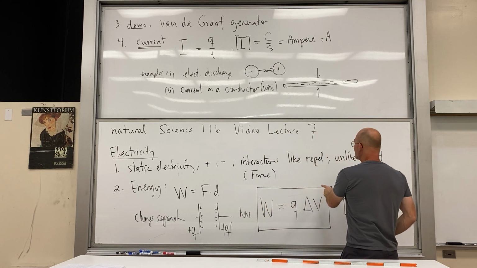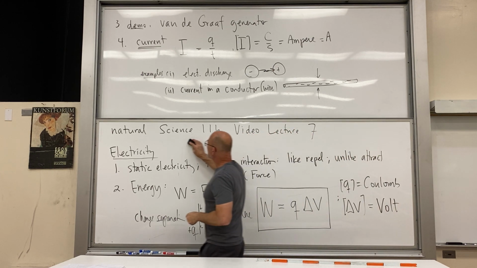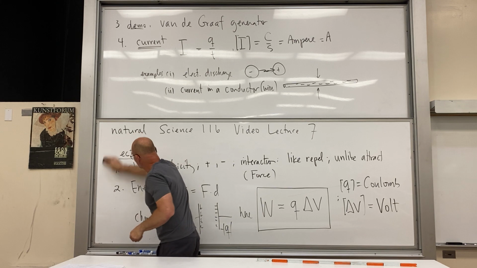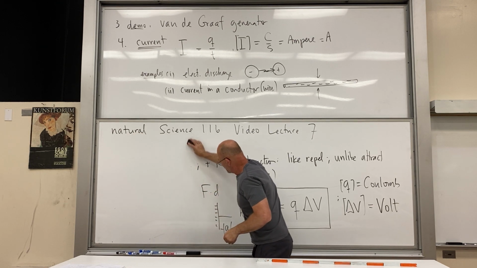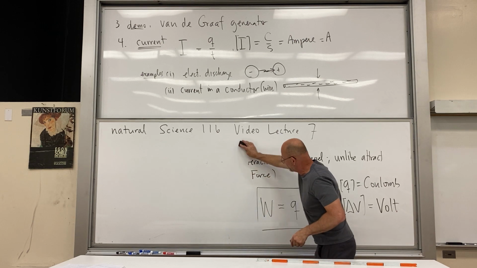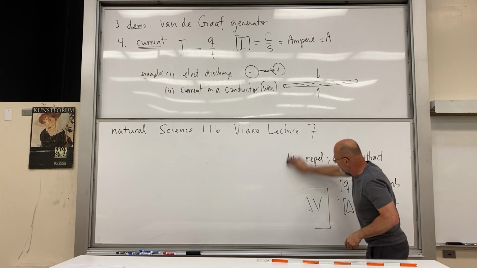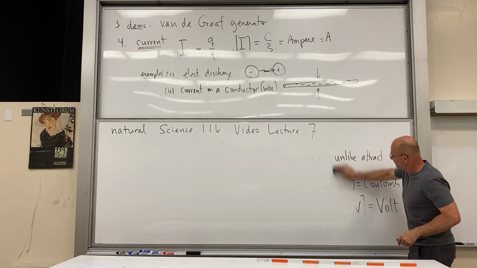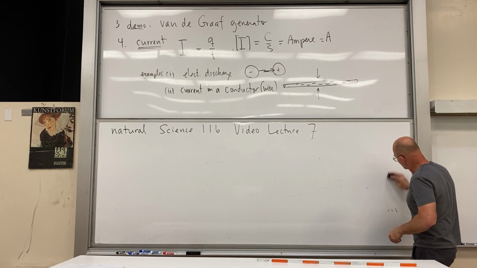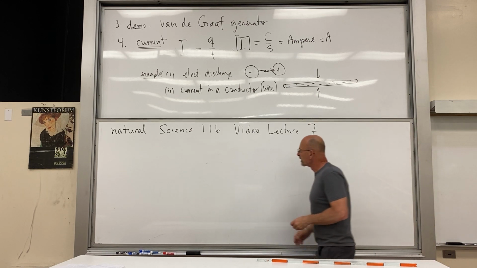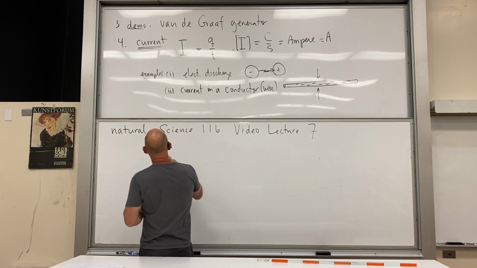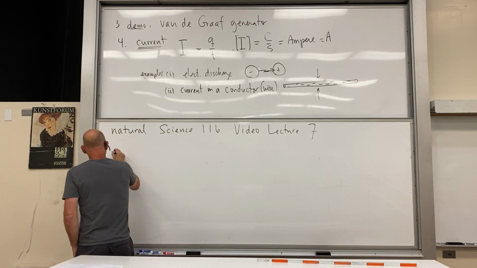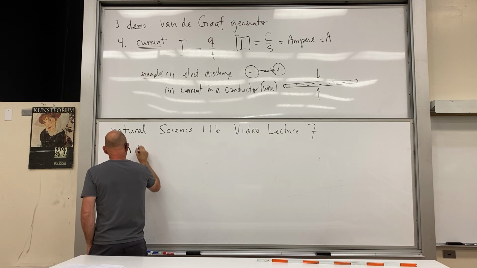So I'm going to erase this and use this formula again. Okay, so we've got the electrons flowing in the wire as an example of the current. And now we get to power.